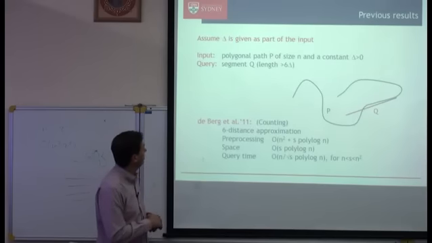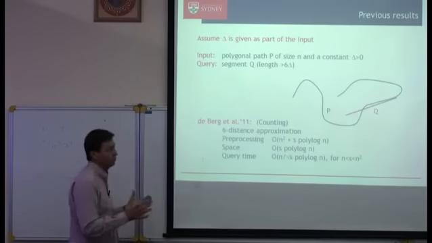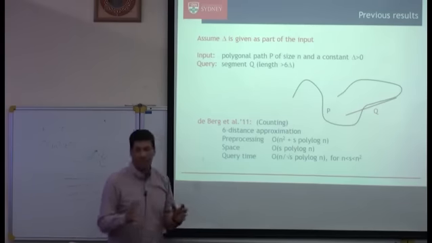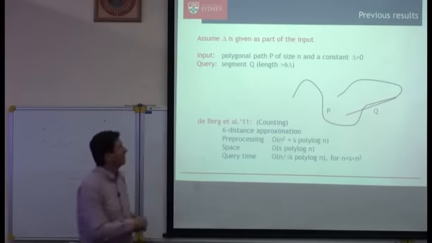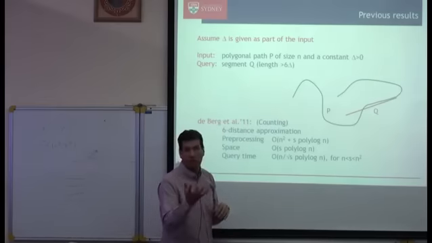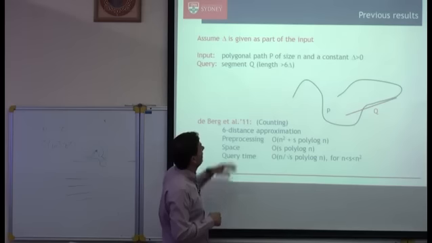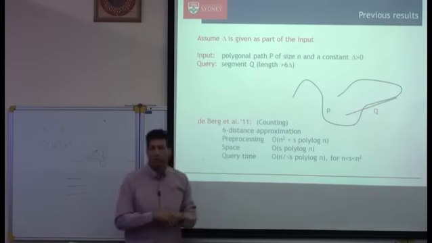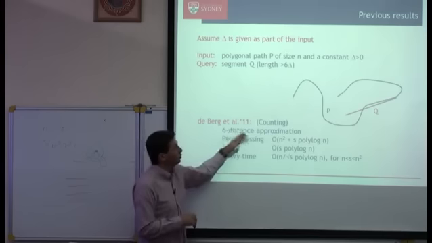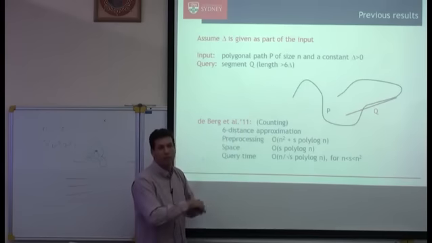The first result we had was only for counting, and it's a pretty weak result. It says that your input is a polygonal path, so your graph is just a polygonal path, and you only allow queries to be segments. Then we can approximate the number of subcurves along this path that lie within distance delta.